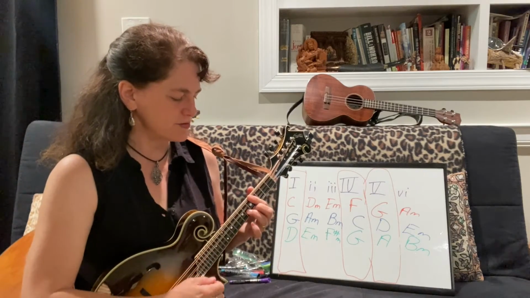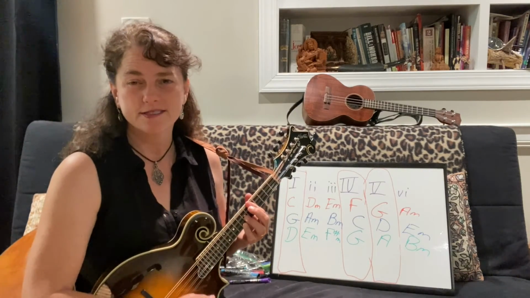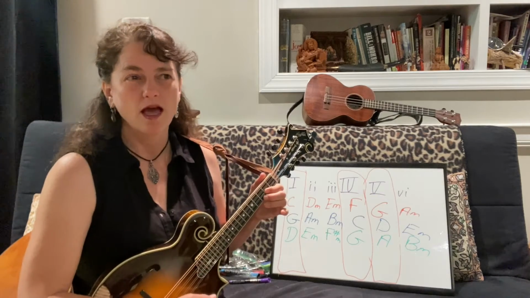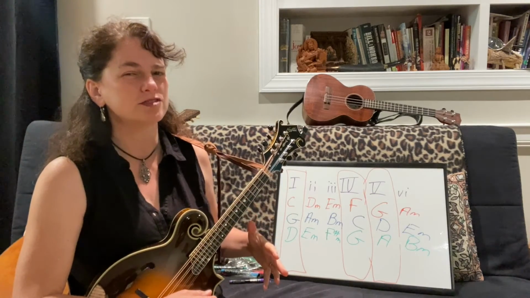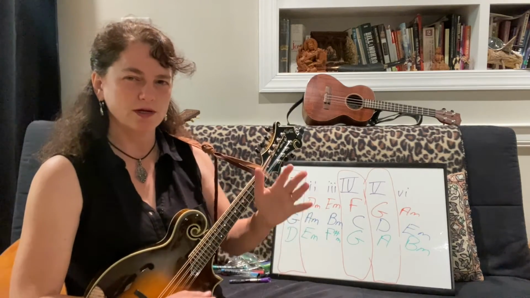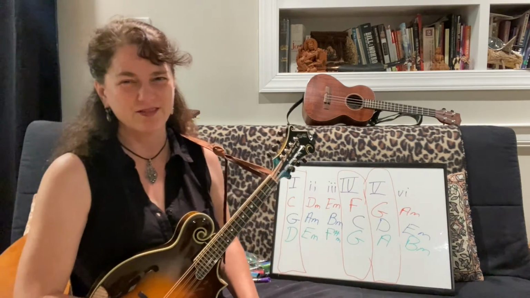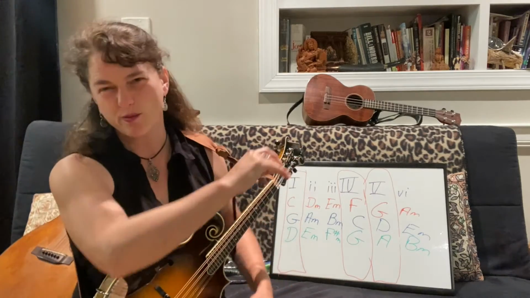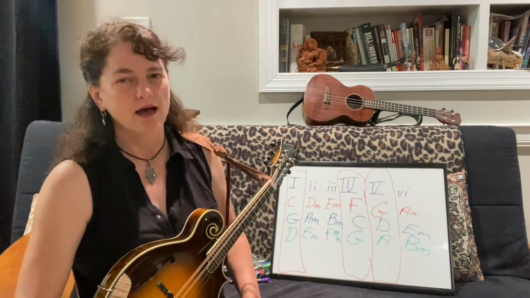G, then B7, then the 4 chord is the C, and then back to 1. There's a lot of songs that'll do that. So if the 3 is a major and it's right before the 4 chord, think of it as almost a stepping stone on the way to your 4, if that helps you remember.